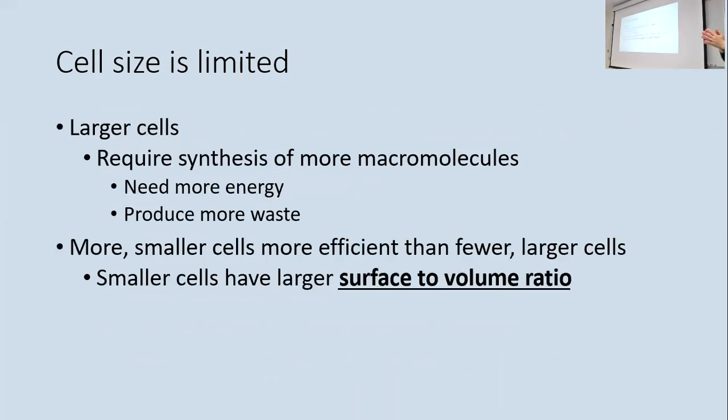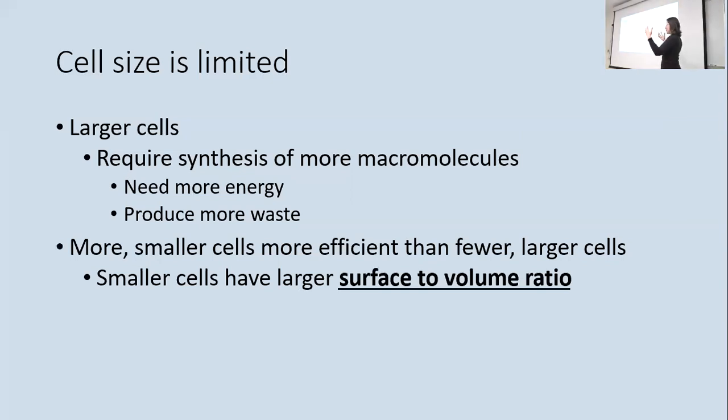So kind of compounding this, right? So my cell gets bigger. As things diffuse, it takes longer for them to get where they need to be. And because the cell is larger, it needs more macromolecules. It needs more energy. It's producing more waste. So by being bigger, it's moving things more slowly, but it needs more things.